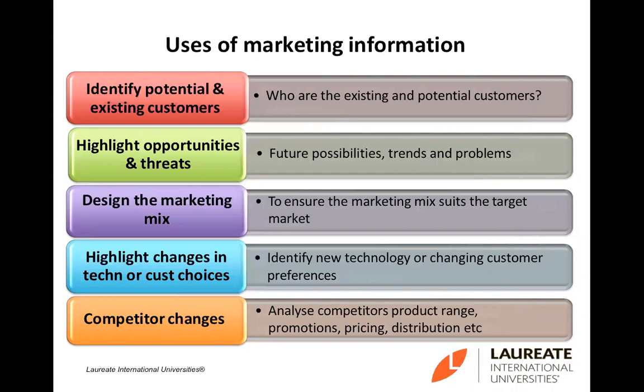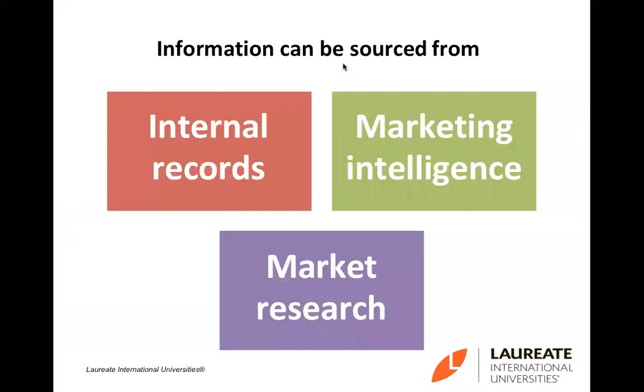These first two basically help us design the marketing mix, the marketing mix variables or the set of offerings that we promise to customers, and their changes as well. We can also research changes, and that includes competitor changes.